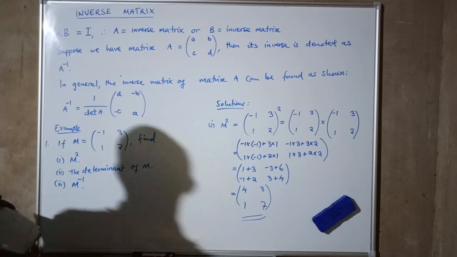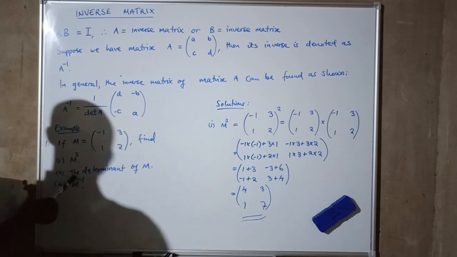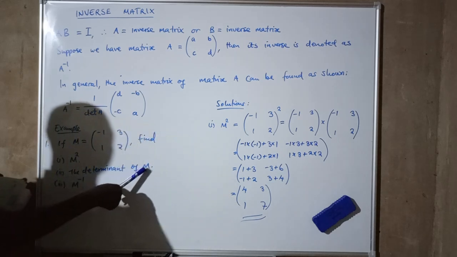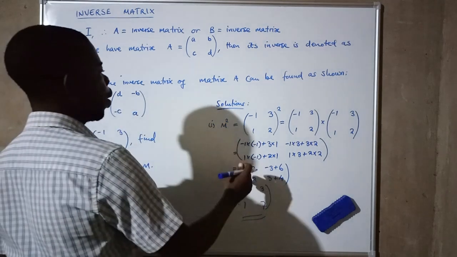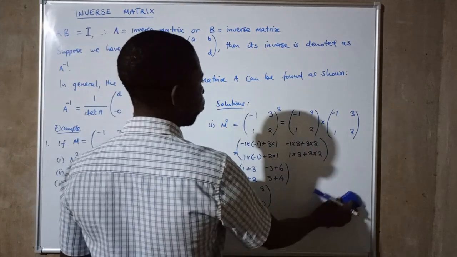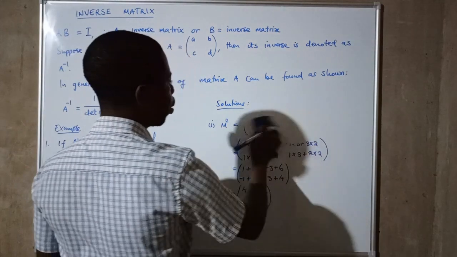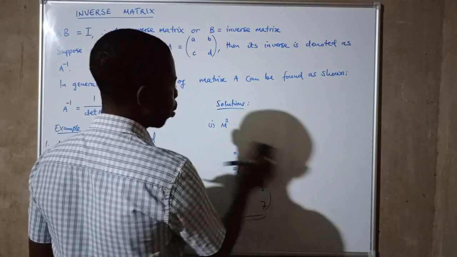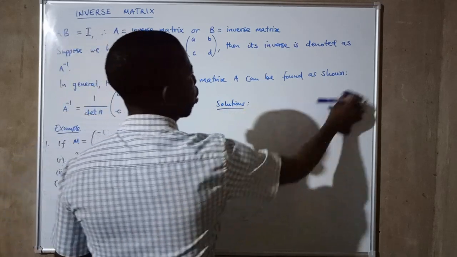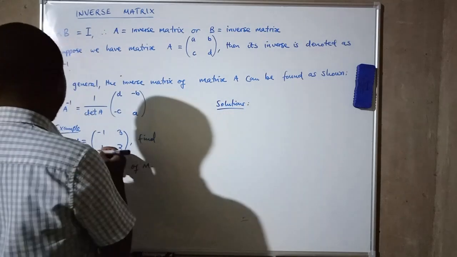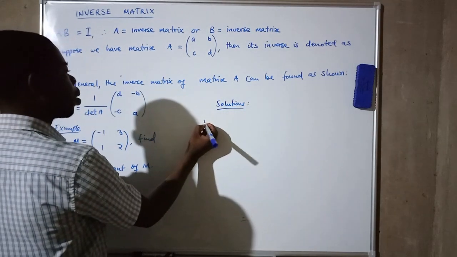Then this is one. Then number two, they're asking us to find the determinant of M. So we have found one, then we are finding the determinant. So I can just rub this one and find number two.